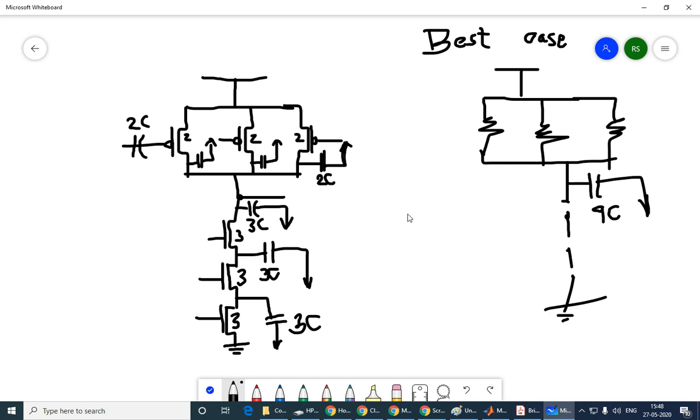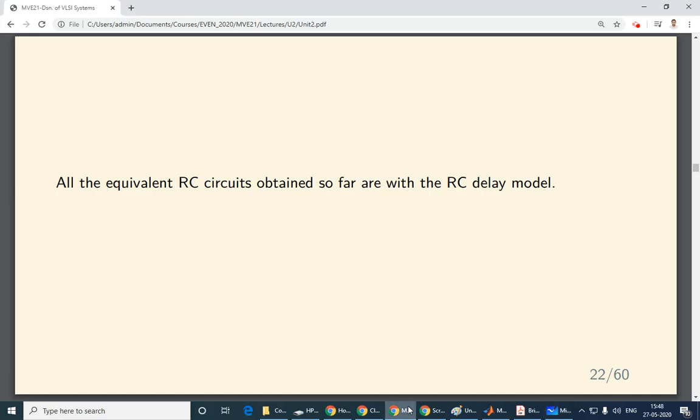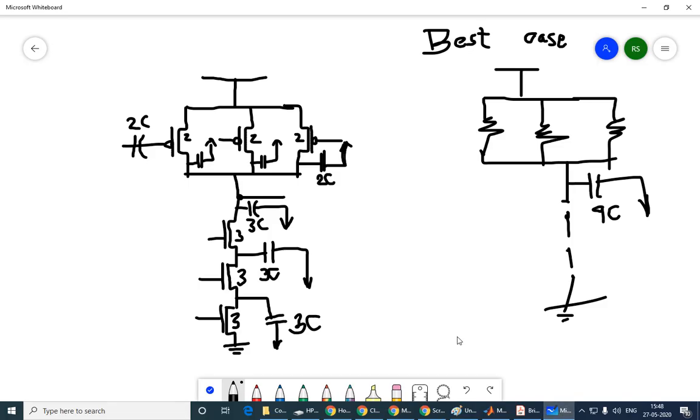The main problem with the RC delay model is that the intermediate capacitances, that is, this is the output node, but these are also capacitances that are going to create some problems. So those capacitances are not being used as part of the calculation. That is the main problem with the RC delay model. Why is the accuracy not very good? This is completely ignored.